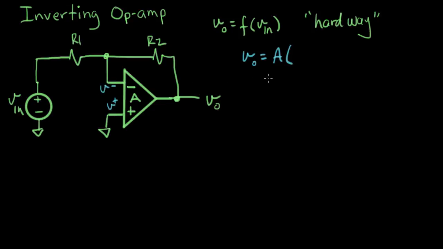Usually the expression here is V plus minus V minus, and since V plus is 0, we're just going to put in minus V minus. And this is equivalent to saying that V minus equals minus V out over A.